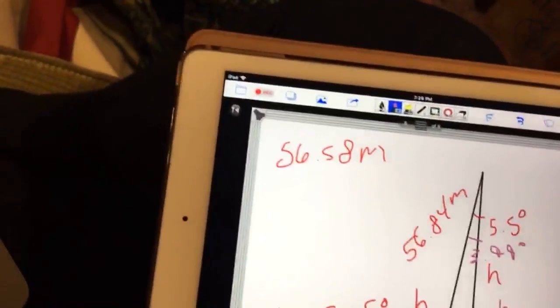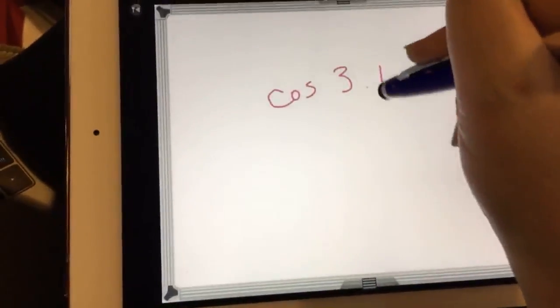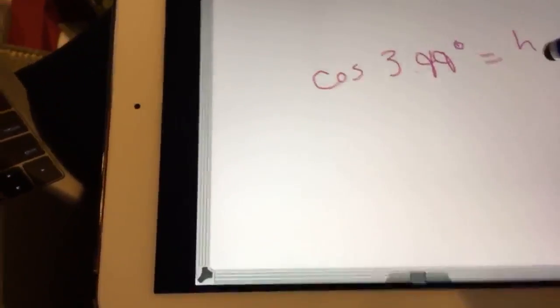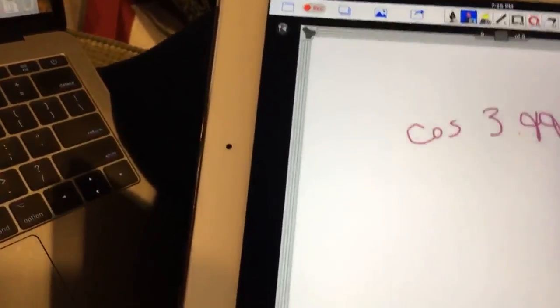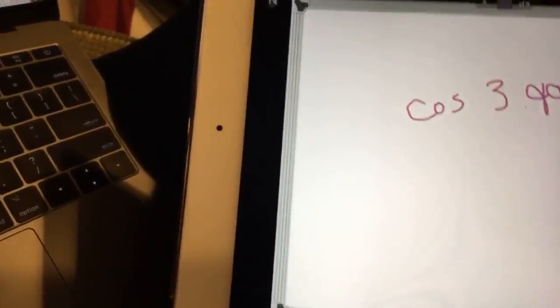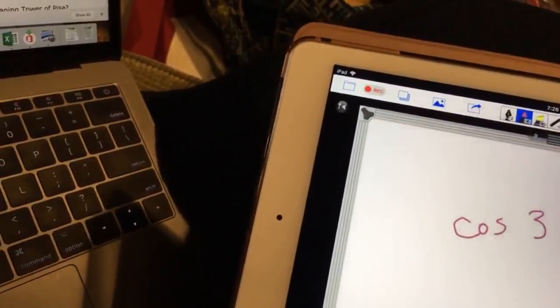So this is going to be cosine of 3.99 degrees equals our new height, which we don't know, over our hypotenuse, which is 56.84, I think.